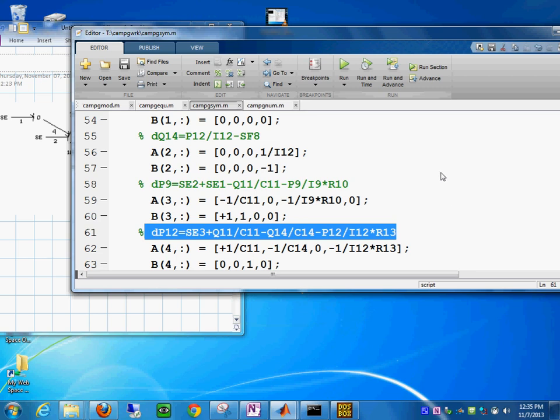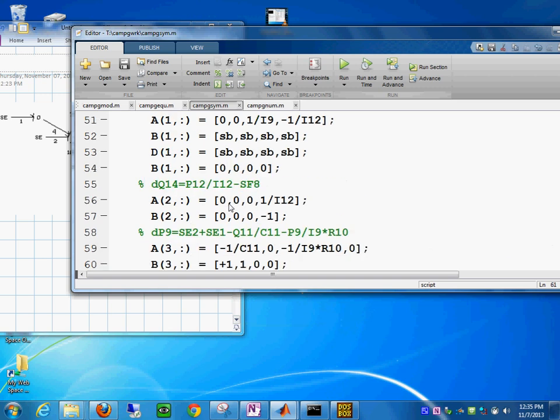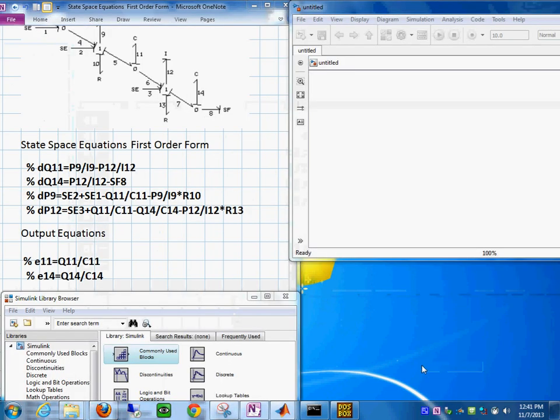And so what I would like to do is to get a summary of these equations next to the bond graph model, so that we can handle those very efficiently. Okay, so now we have extracted those equations that generated the matrices.